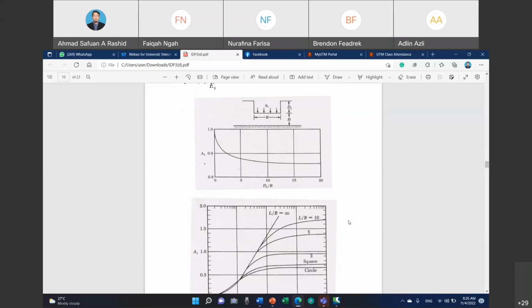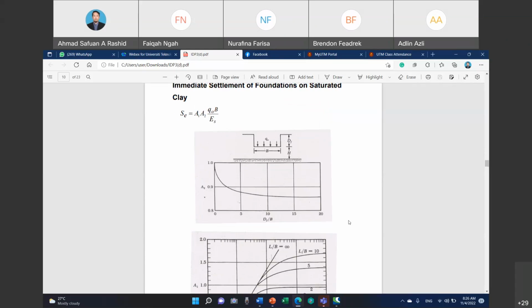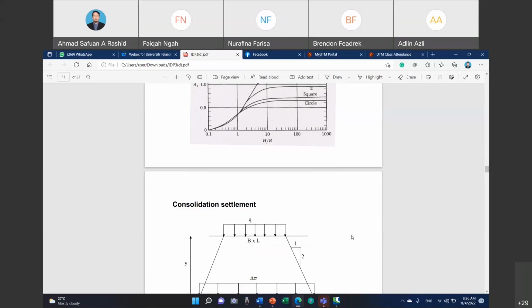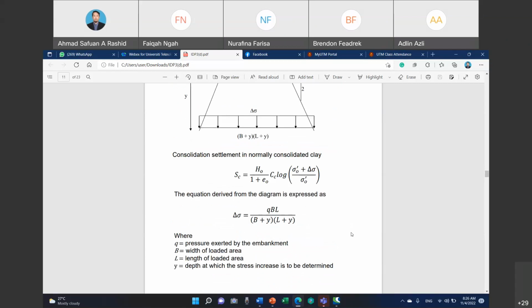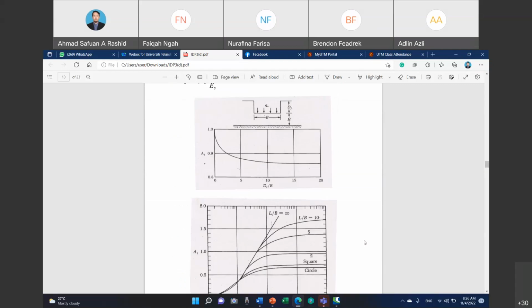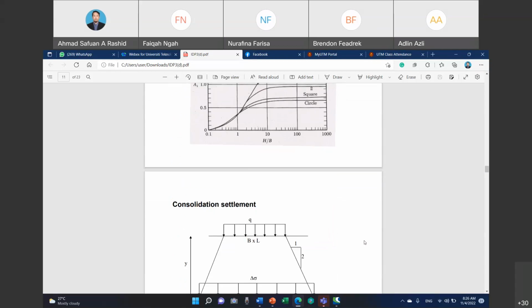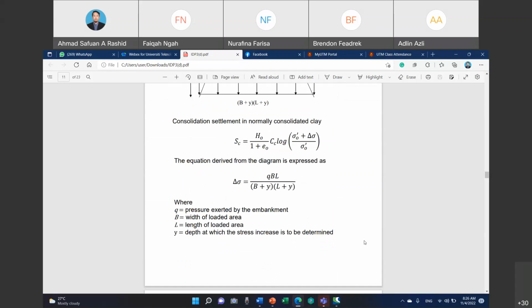So you can use this diagram or graph to get the SE value. Then for consolidation settlement, it is applicable for clay layer only. You may use this formula to get the value for the SC. The combination between SC and SE is the total settlement.